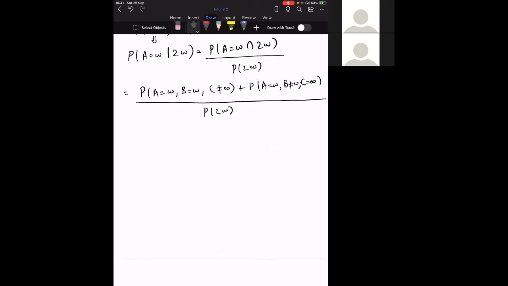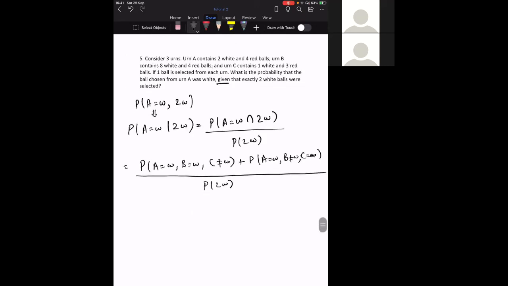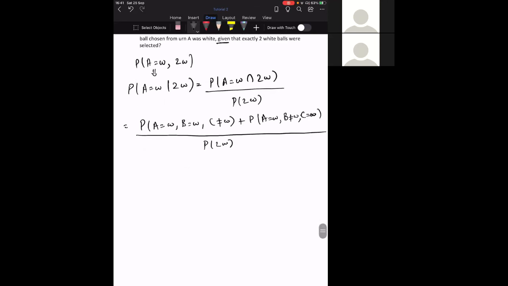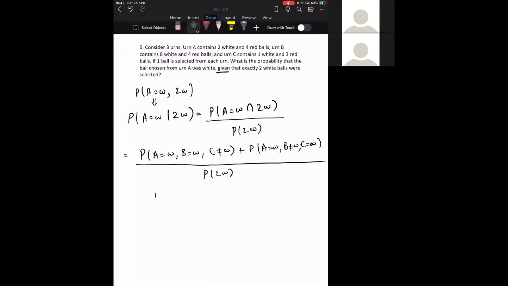So we know that urn A has 2 white and 4 red balls. So this would be 2/6 multiplied by, we know urn B has 8 white and 4 red balls, so this would be 8/12.